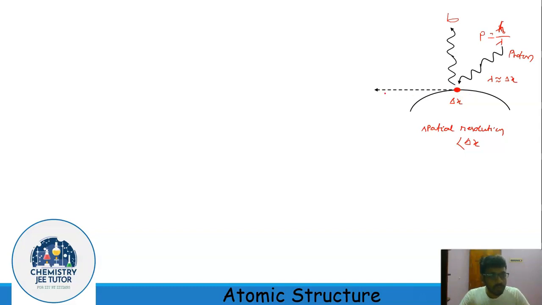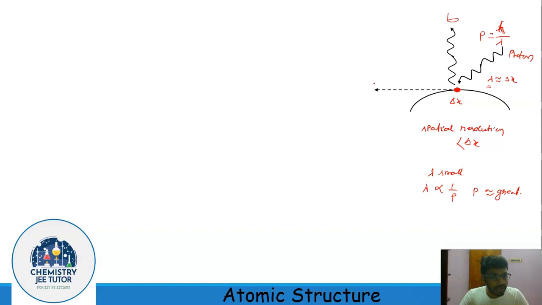Now, if we want to locate the electron with more accuracy, then my lambda, the wavelength of the photon, should be small. Now, if lambda becomes small, and lambda is inversely related to the momentum of the photon, then in that case the momentum will be great.